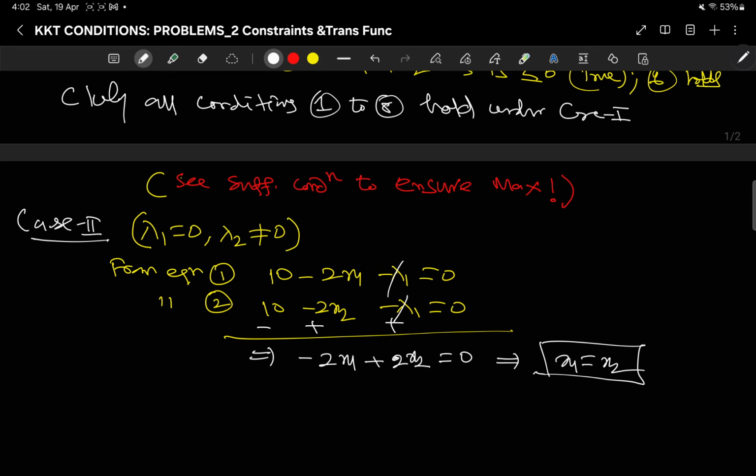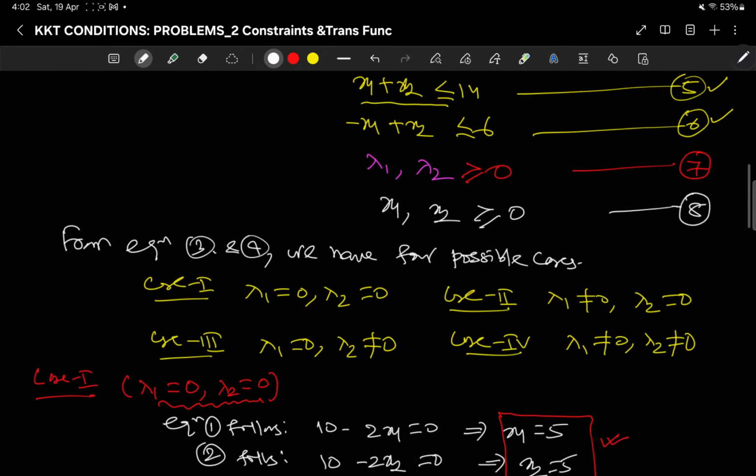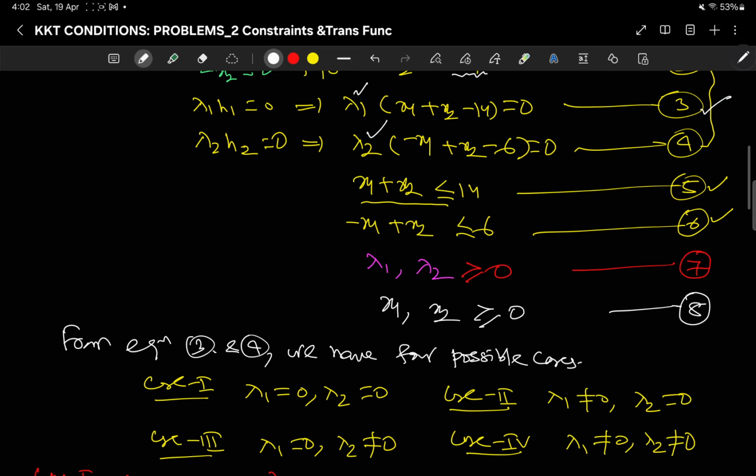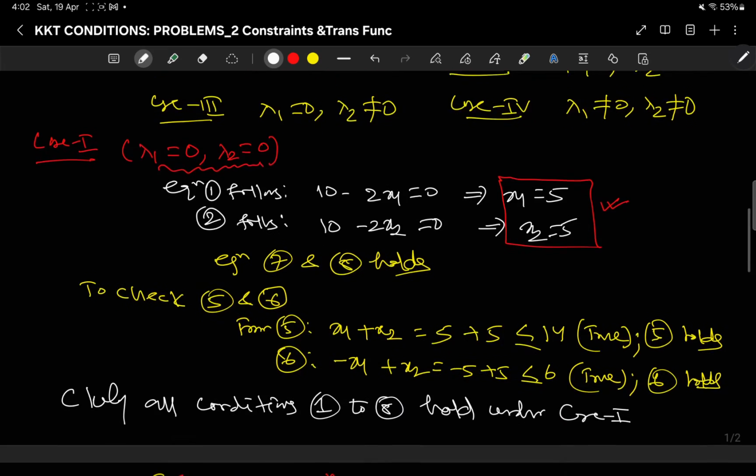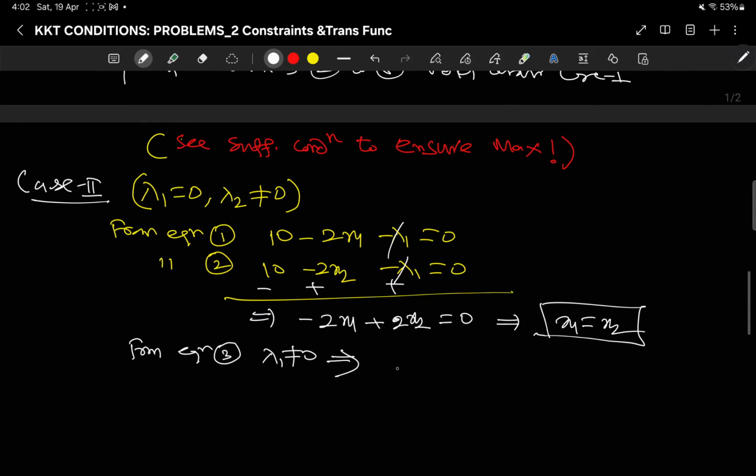Now from equation 3, lambda 1 is not equal to 0, so that means this is 0, and x1 plus x2 is equal to 14, right?